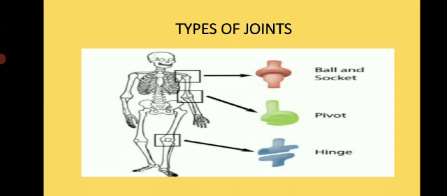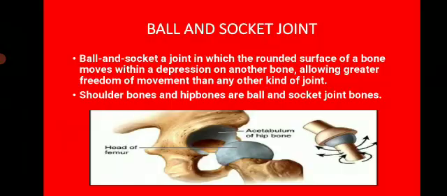So, the joints are two types, movable and immovable. First we will learn about ball and socket joint.